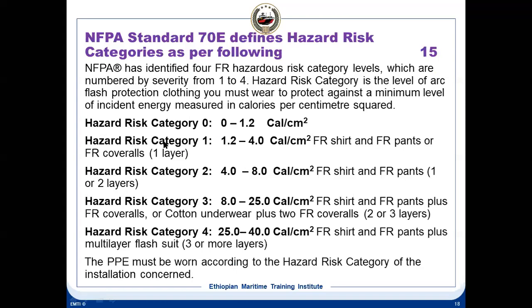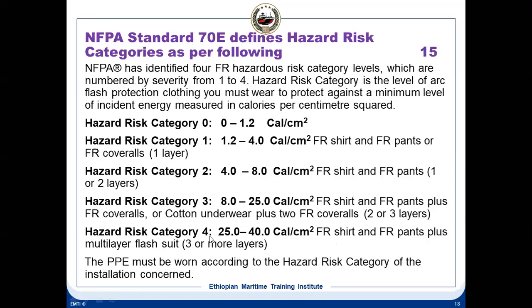Here you can see, if it is category 1, it is a fire resistant shirt, fire resistant pants, or fire resistant coveralls. But when you come to 4, it is a fire resistant shirt, fire resistant pants plus a multi-layer flash suit, of 3 or more layers. You see, it changes because the hazard is extreme.